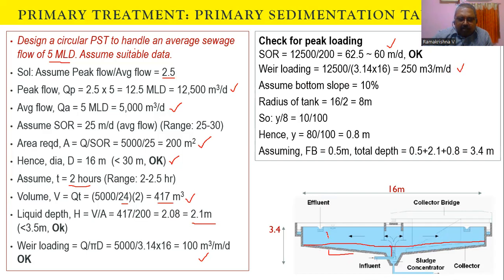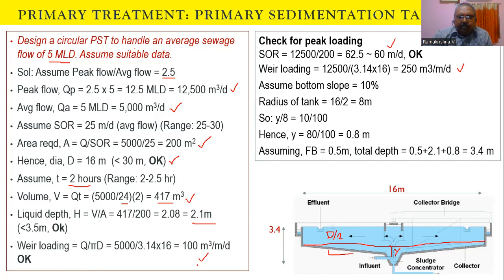This is my d by 2, and if I take this vertical depth as y, that is what I have to calculate. So y by d by 2, vertical to horizontal, is equal to 10%. It is nothing but 10 by 100. Total diameter is equal to 16 meters, so d by 2 is equal to 8 meters. So y by 8 is equal to 10 by 100. So y is equal to 0.8 meters.